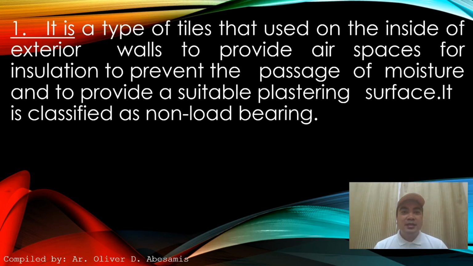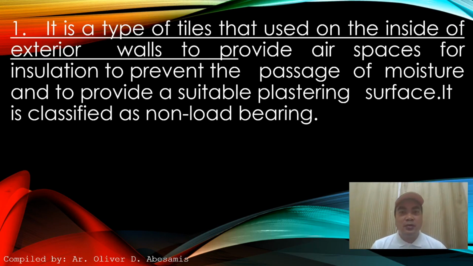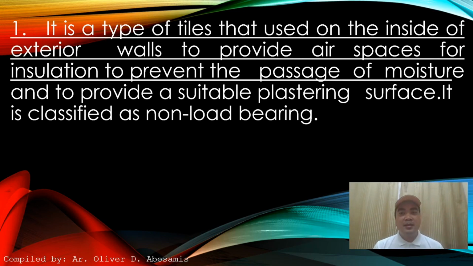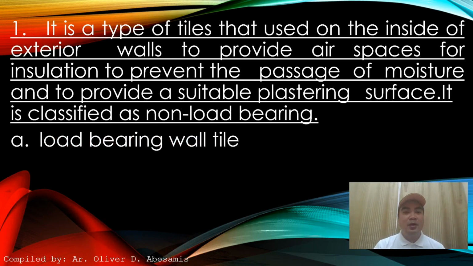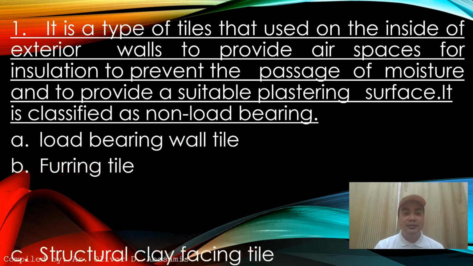Next, it is a type of tile used on the inside of exterior wall to provide air spaces for insulation, to prevent the passage of moisture, and to provide a suitable plastering surface. It is classified as non-load bearing. A. Load bearing wall tile. B. Furring tile.